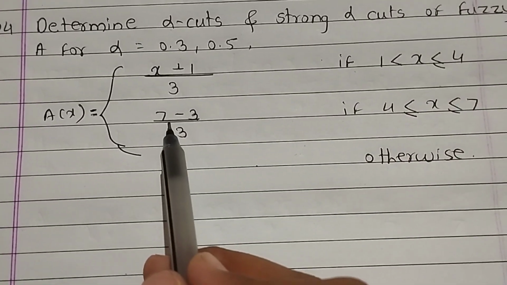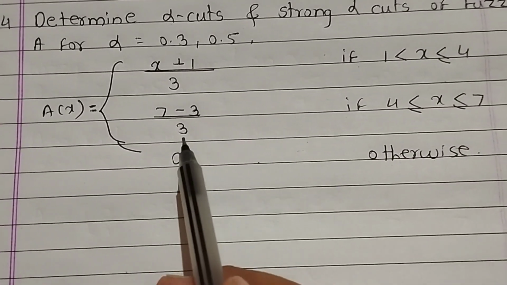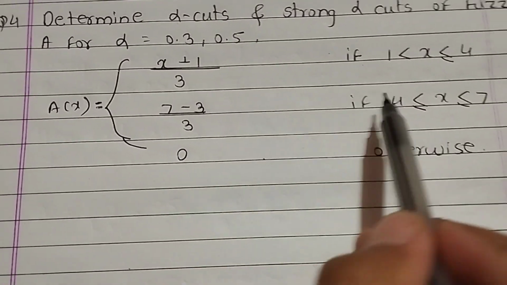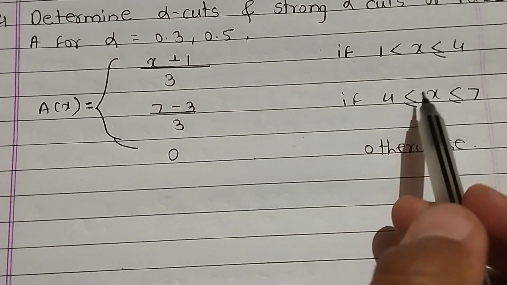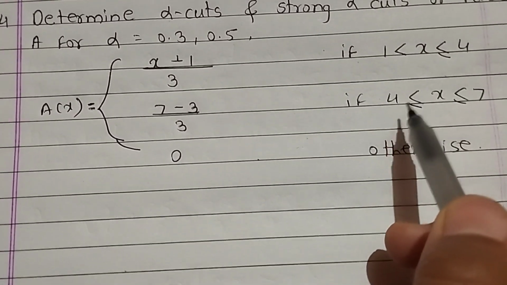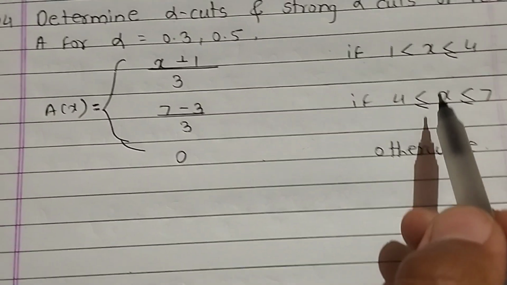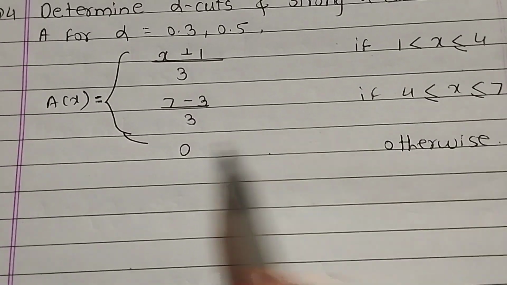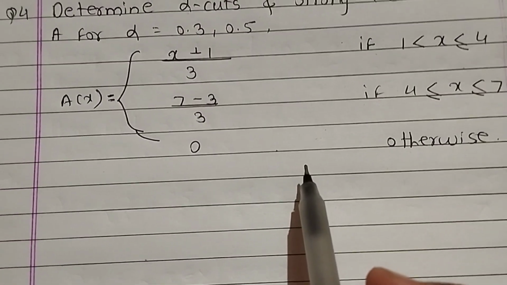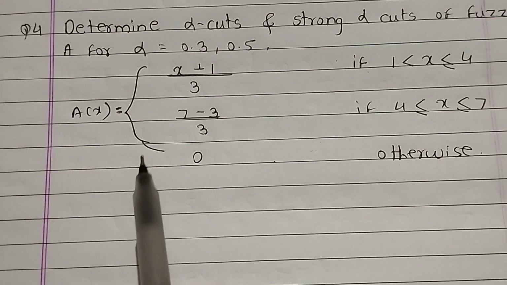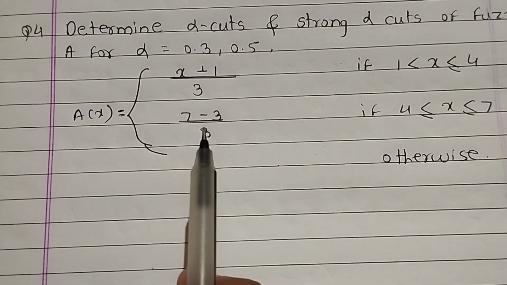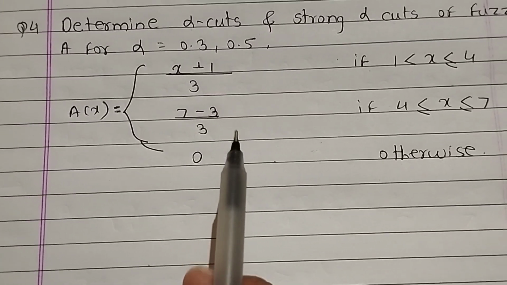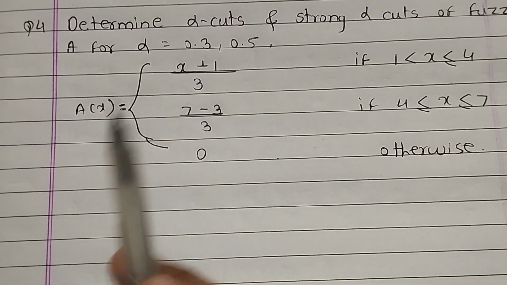The second condition, (7 minus x) divided by 3 if 4 is smaller than or equal to x is smaller than or equal to 7, and 0 otherwise. So let's see how we find alpha cuts and strong alpha cuts for the given fuzzy set.